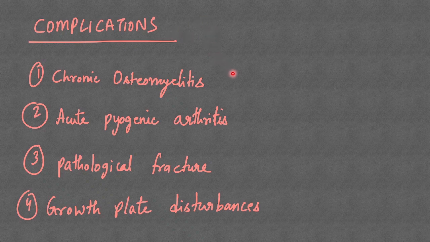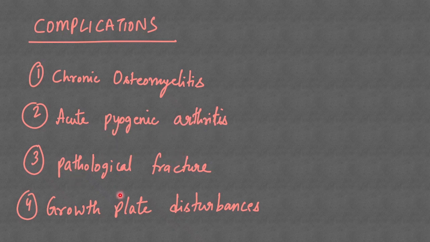Now, what are the complications? The most common complication will be conversion of this infection into a chronic osteomyelitis. The bone will have the infection for a long time, and once it is there, it is very difficult to eradicate the infection. The patient can develop acute pyogenic arthritis in case the pus finds a way into the joint.